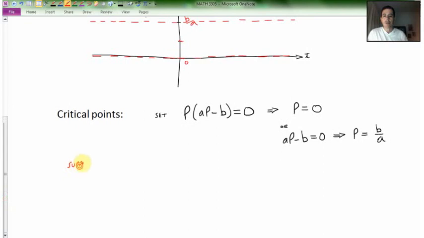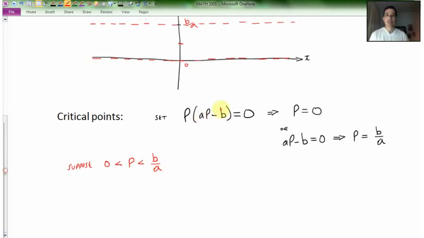Suppose P is a value between 0 and B over A. If that happens, then look at this expression here, AP minus B. Is that positive or negative? We know that P here is positive.